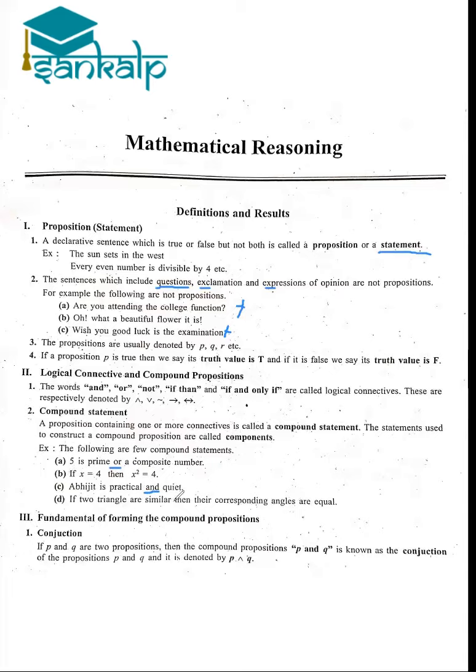Fundamentals of forming the compound proposition. The first one is conjunction, which is denoted by this symbol.